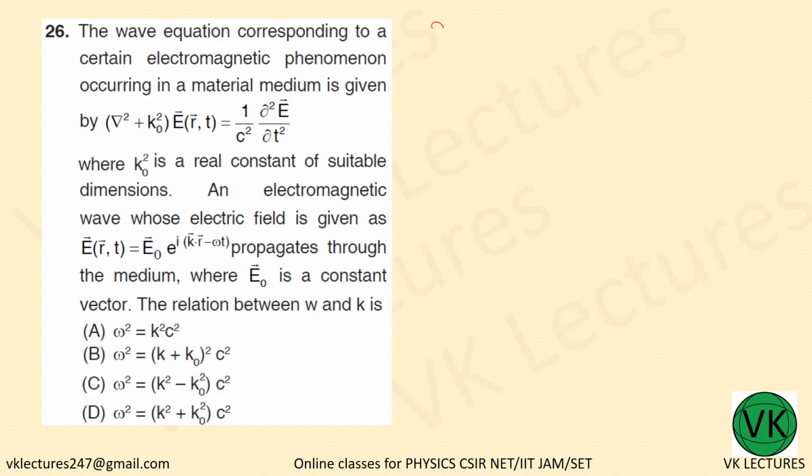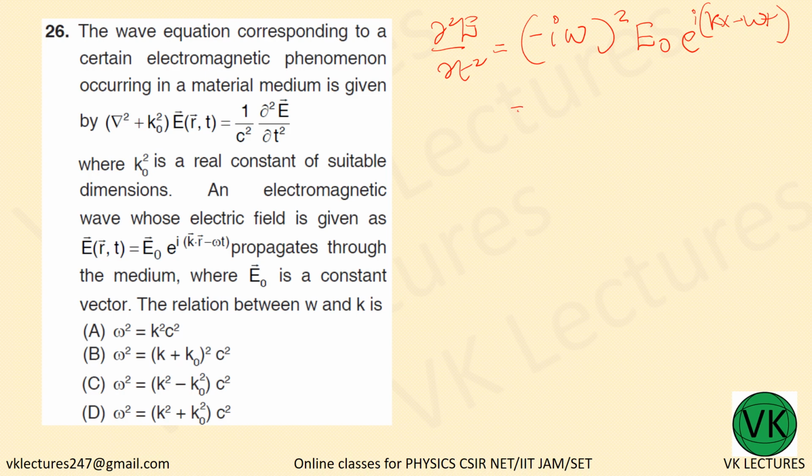With the time derivative, minus i omega will remain, so minus i omega whole squared into E naught e to the power i kx minus omega t, which is equal to minus omega square into E.